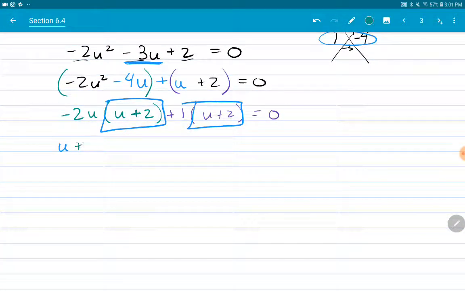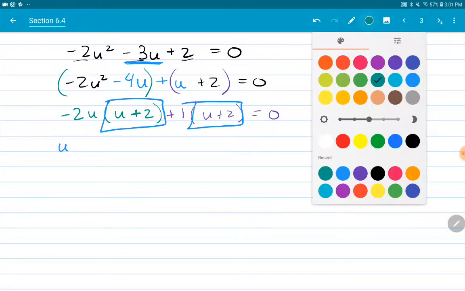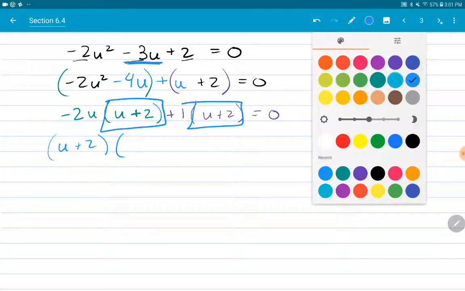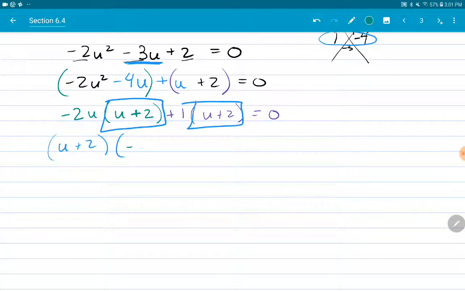So I have a factor of u plus 2, and when I factor that out, I am left with negative 2u plus 1, all equal to 0. This is the zero product property because I have multiplication: two numbers multiplied together, one of them must be 0.